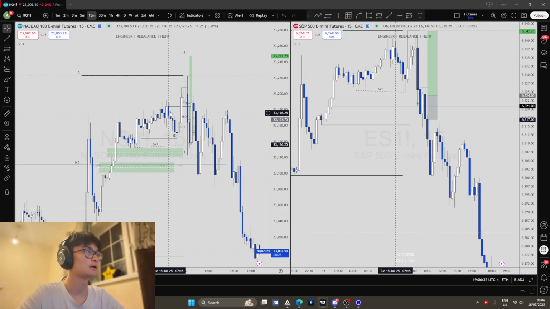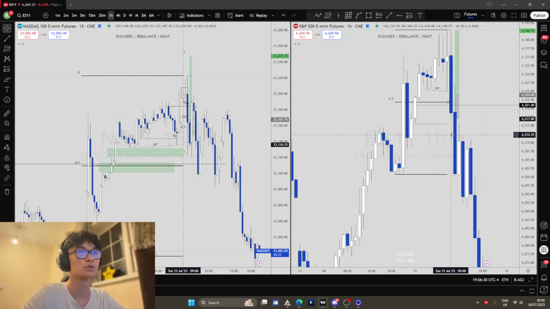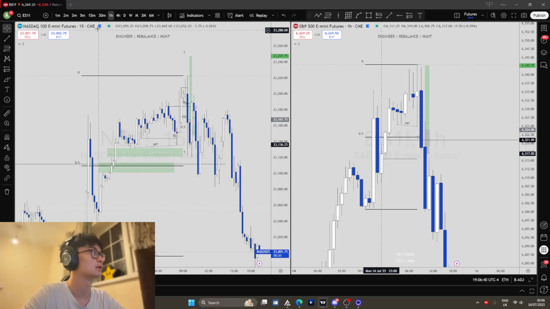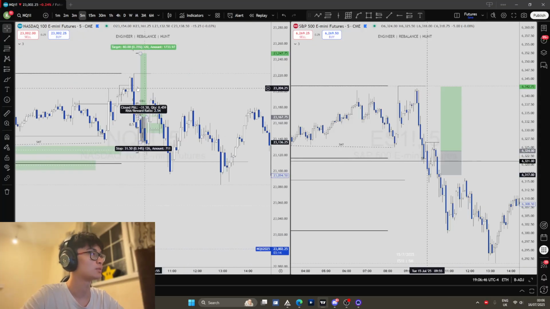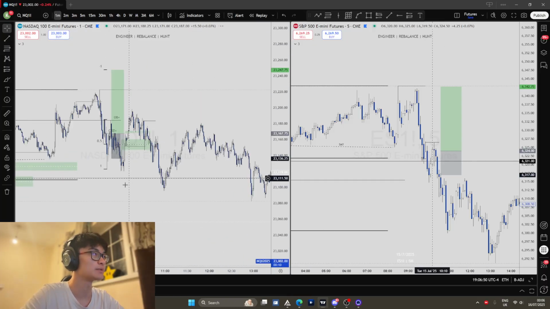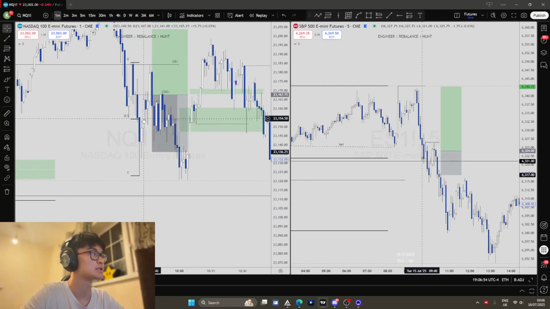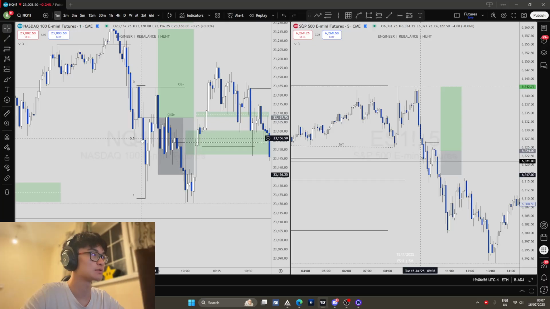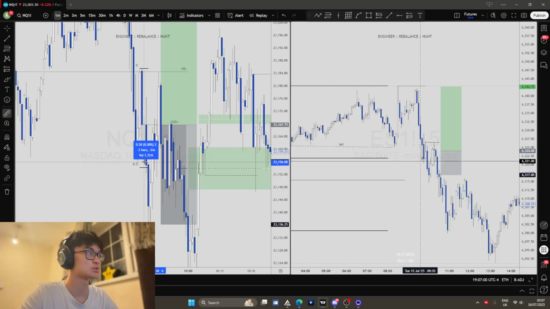Oh wait, no. Okay, so we had this hourly range here, and we tapped equilibrium at this candle here, and I was looking for a long after that, so scaling down to the 1 minute, we had a change in the state here, no fair value gap, so there is no inversion, or actually there is this tiny inversion, but it's too small.